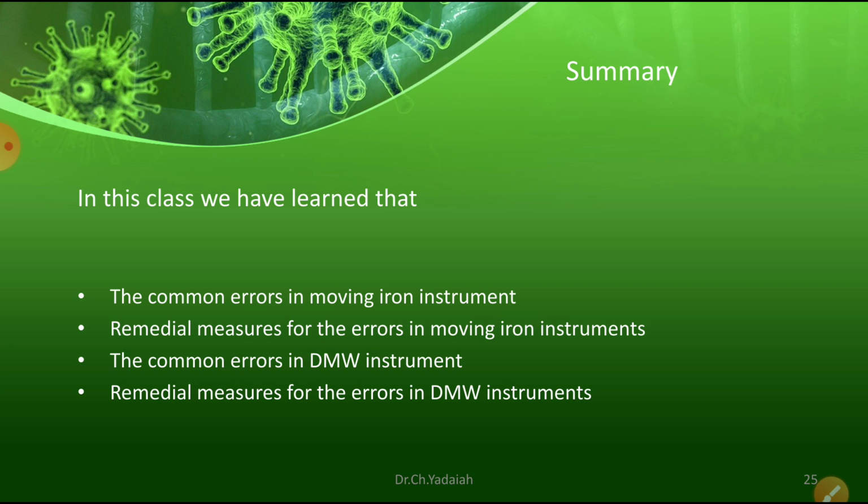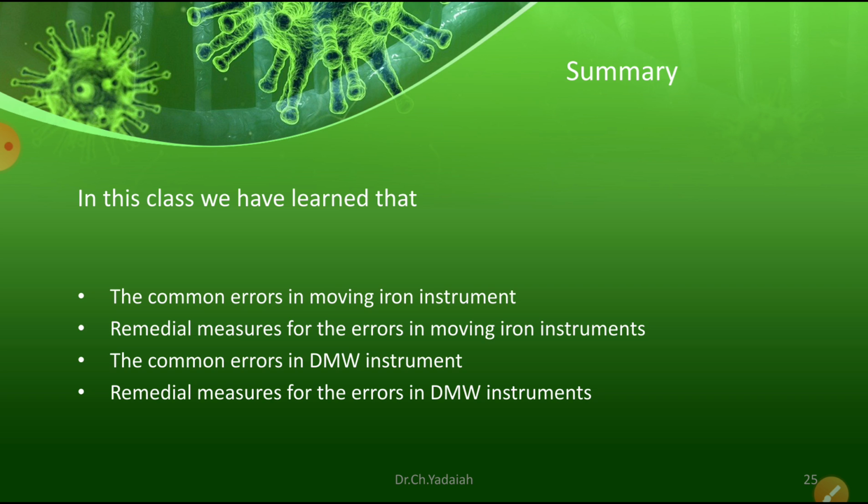We have also seen observation errors due to parallax. Errors may be present in meters, nearly 0.05 percent to 5 percent of full scale deflection, which we allow in moving coil instruments.